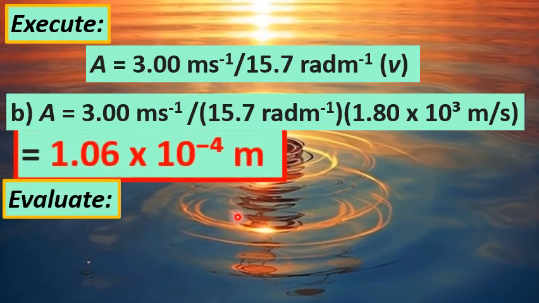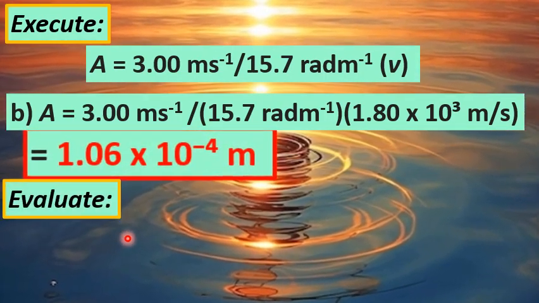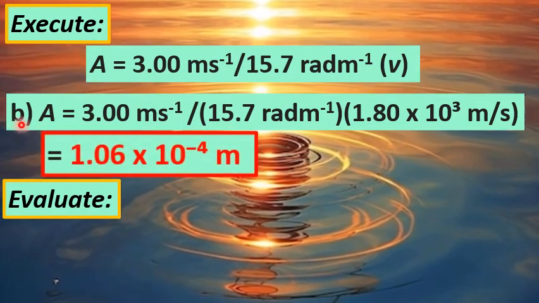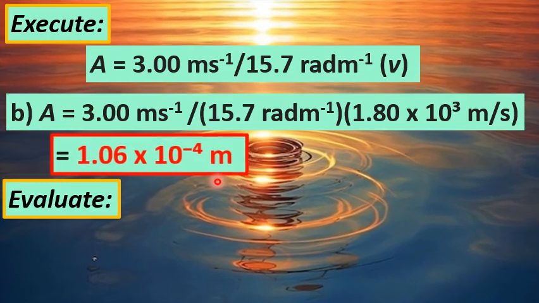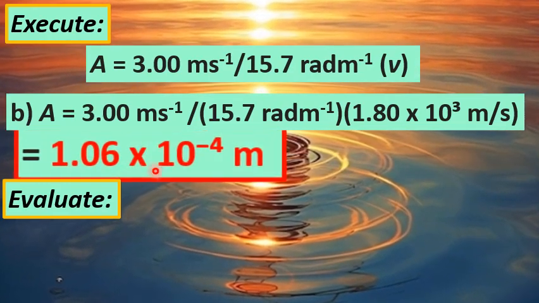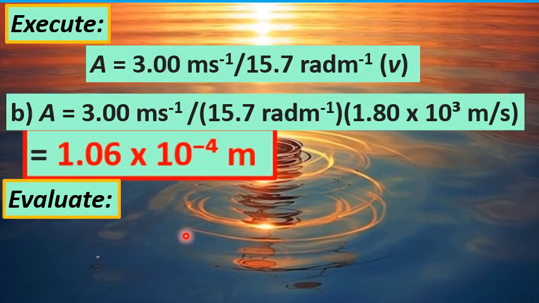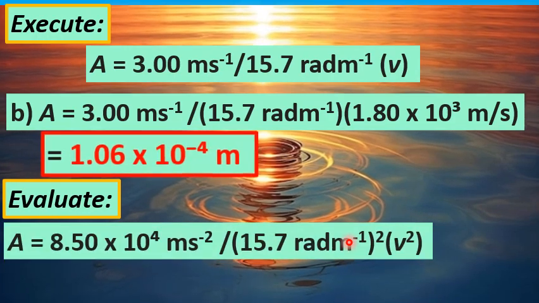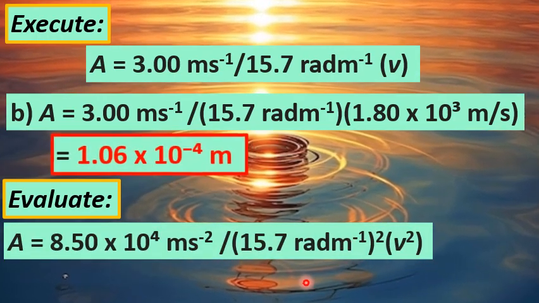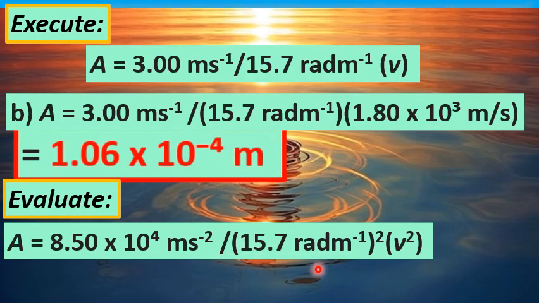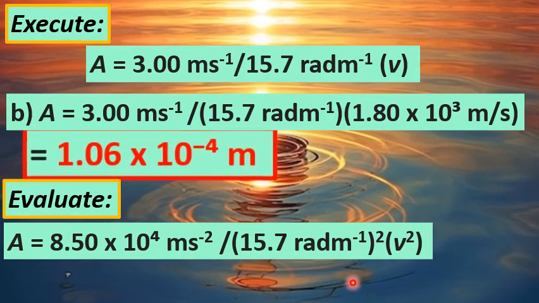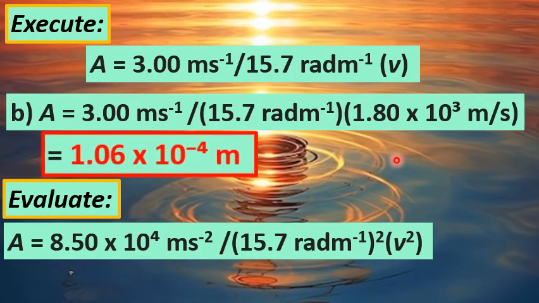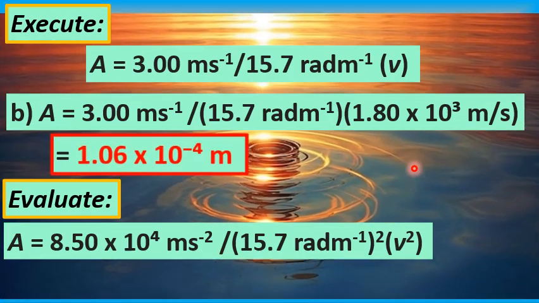Now for our evaluation, we can actually check if our computed amplitude, capital A, will come out the same by using equation number 2. This is equation number 2. So all we need to do is also substitute the computed value for the speed of the wave propagation, v.